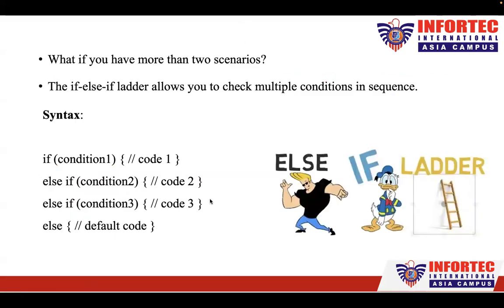So now see, we have multiple conditions to check, more than one condition to check. If we have more than one condition to check, we have to write a few conditions. So this is the format for that. For the very first condition, we take if.